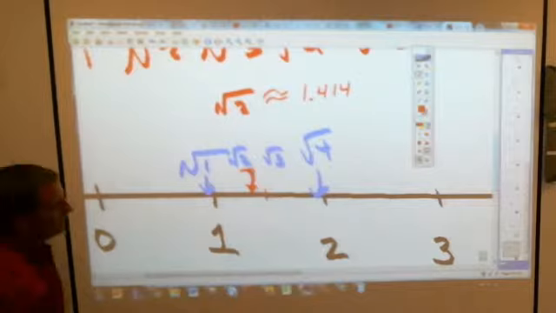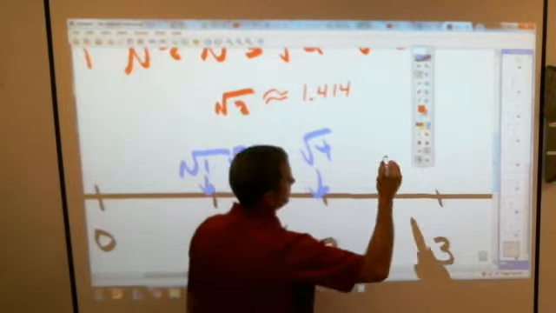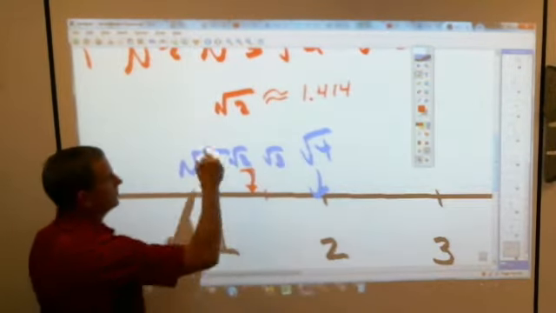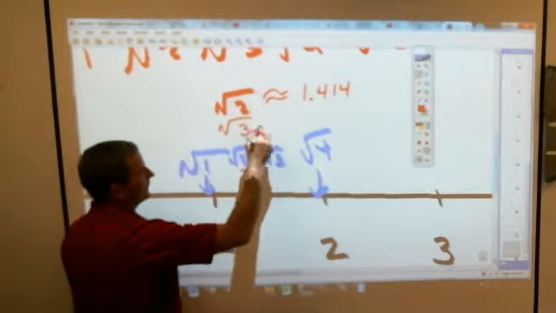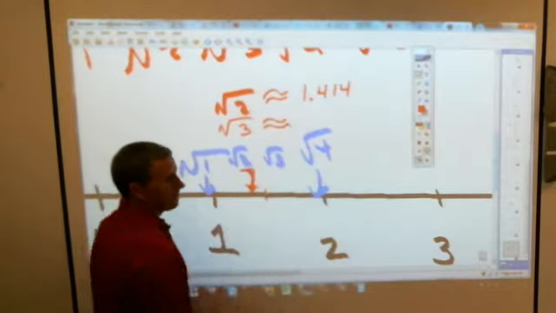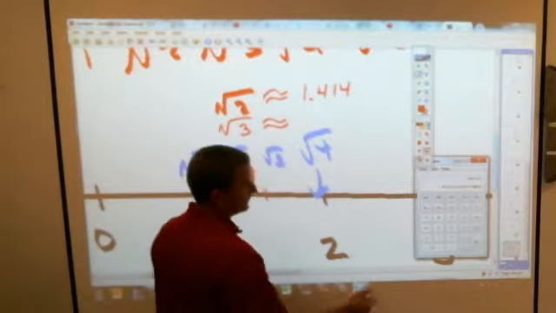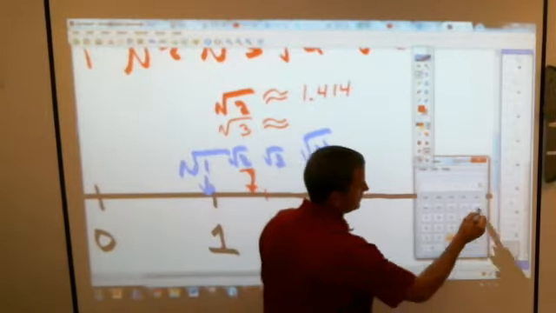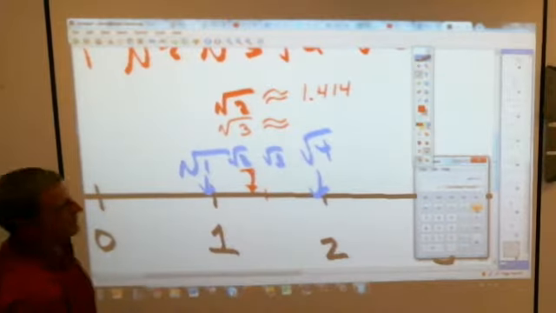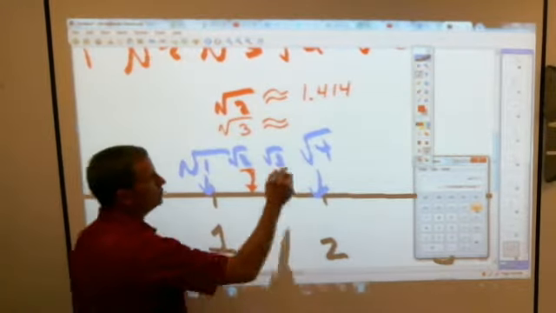The square root of 3, you're very much wondering, somebody have a guess on that? 1.7. There's some guessing out there. I love that. Let's do it. Square root of 3 is 1.732.